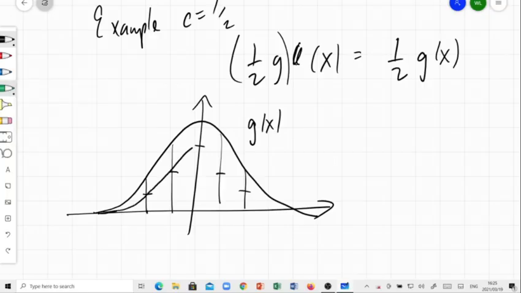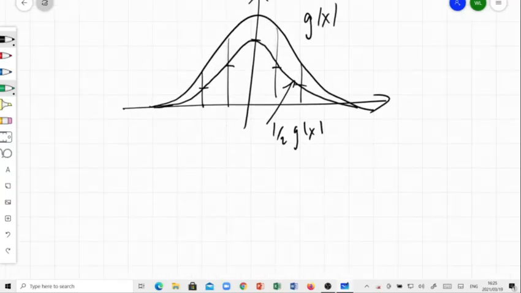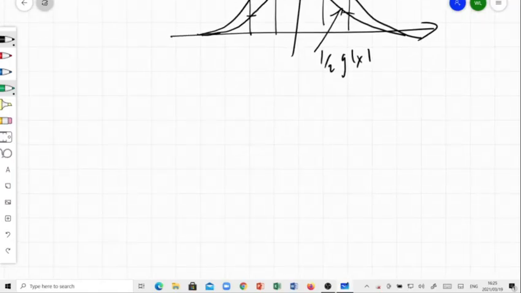So this is a shorty, and this is then going to be a half g of x. So this is one way in which we can combine two functions to get a new function, and notice that we are using what are called the arithmetic operations.